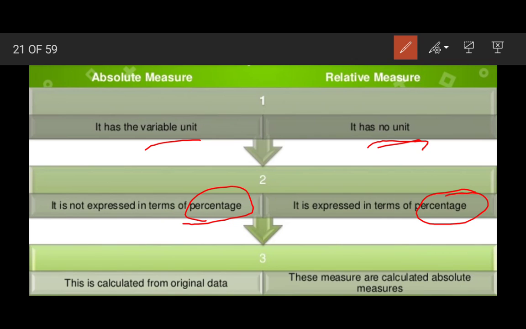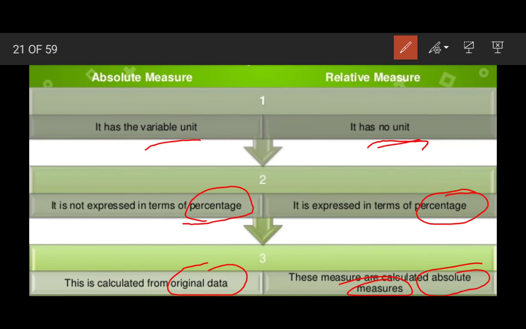Third, absolute measure is calculated from the original data. From the original data we calculate the absolute measure, but relative measure is calculated on the basis of the absolute measure. We use the absolute measure and calculate the relative measure.